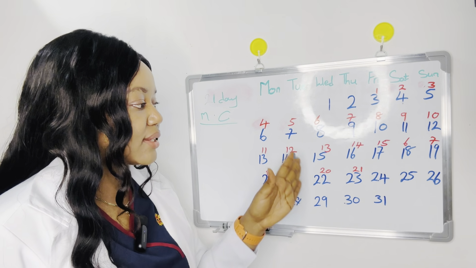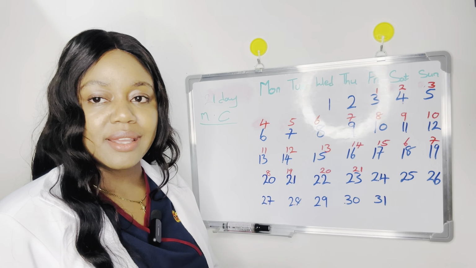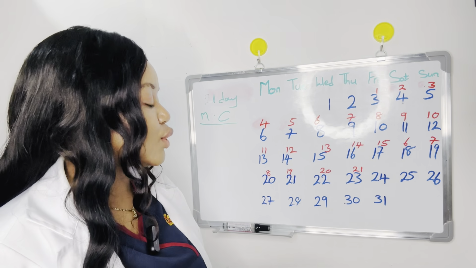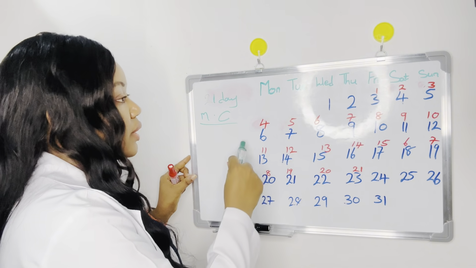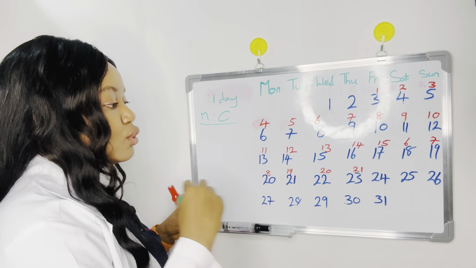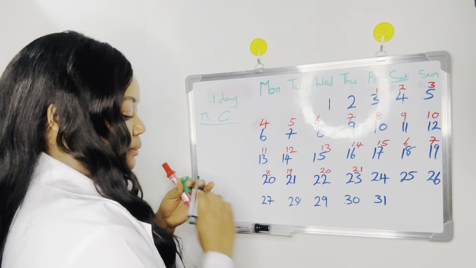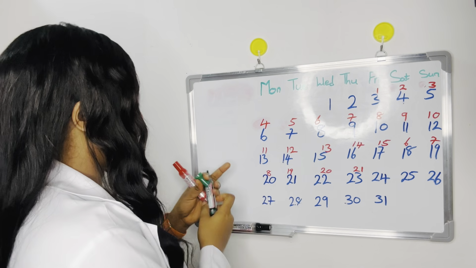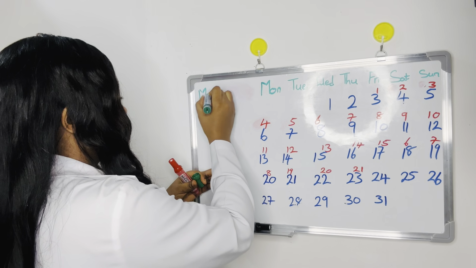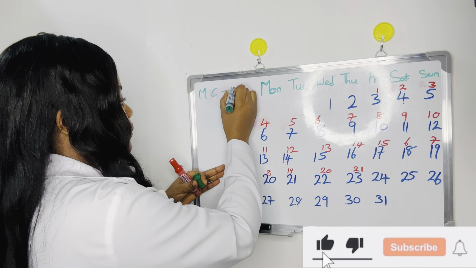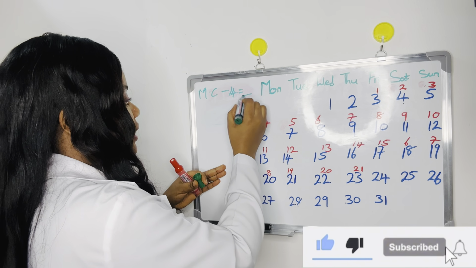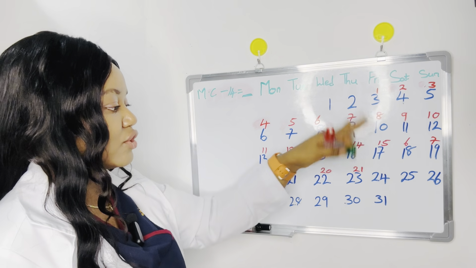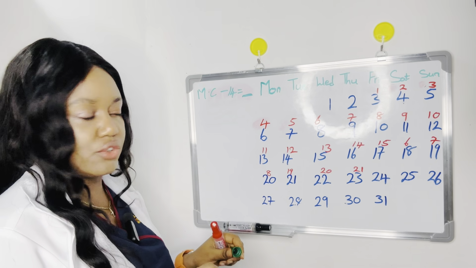After your ovulation, it takes 14 days for your next period to start. So that is why you have to calculate the menstrual cycle and subtract 14. You always take the menstrual cycle minus 14, and the answer it gives you is the ovulation day. So in this case, our menstrual cycle is a 21 days menstrual cycle.